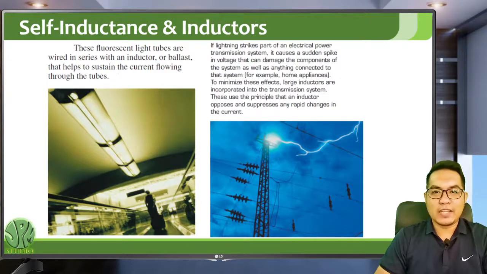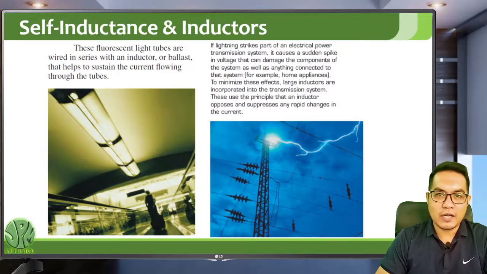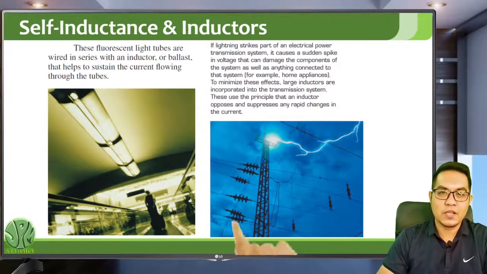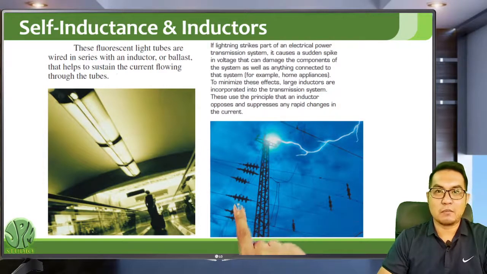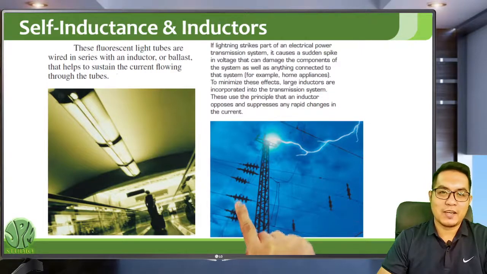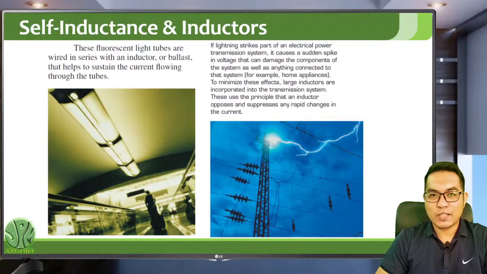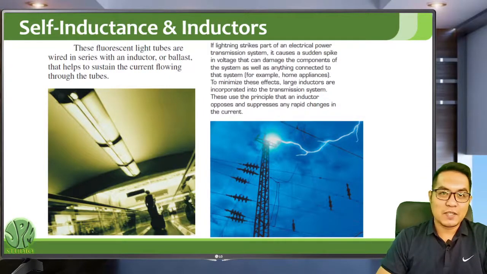Similarly, there are inductors in your electrical power transmission systems, on your electric poles. If you see these brown things that look like spirals, those are inductors. They protect the electrical transmission system in case there is a rapid change in current, such as when it is hit by lightning.